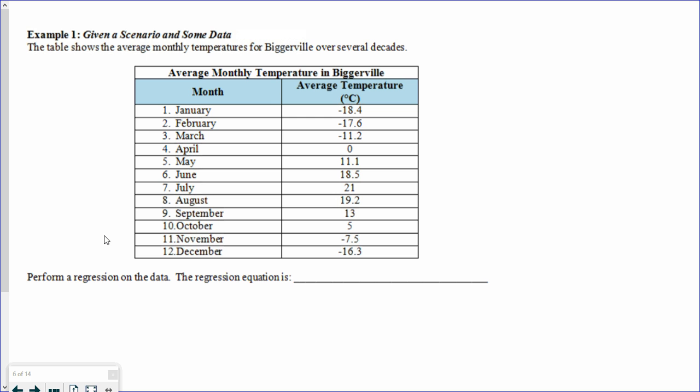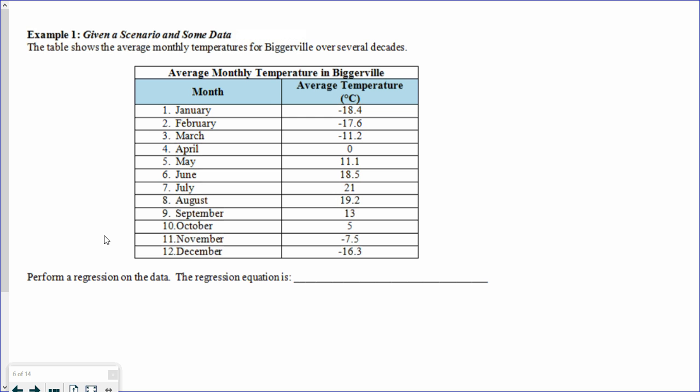So the table shows the average monthly temperatures for Biggerville after several decades. So looking at the monthly average temperature, it says perform a regression on the data. When you're entering numbers into L1 and L2, you can't write in January.